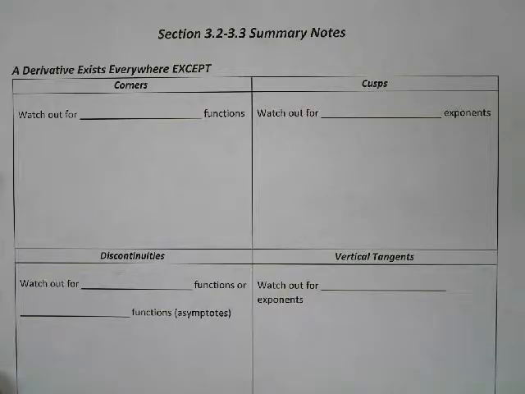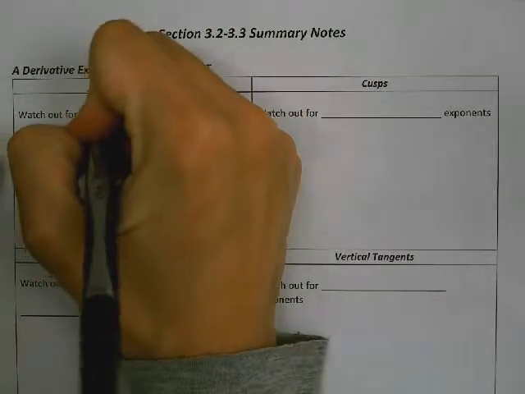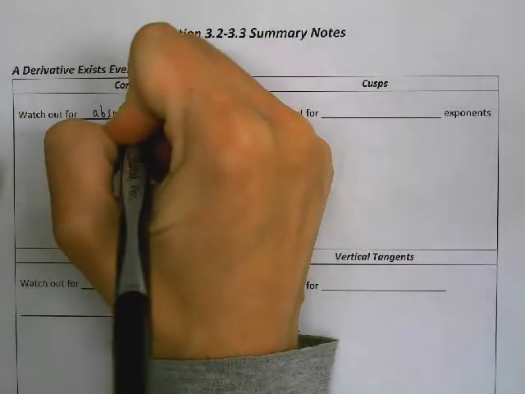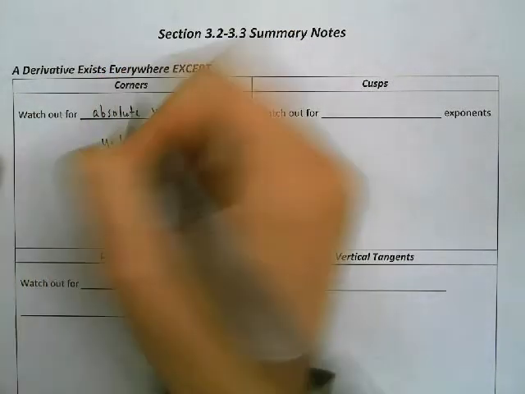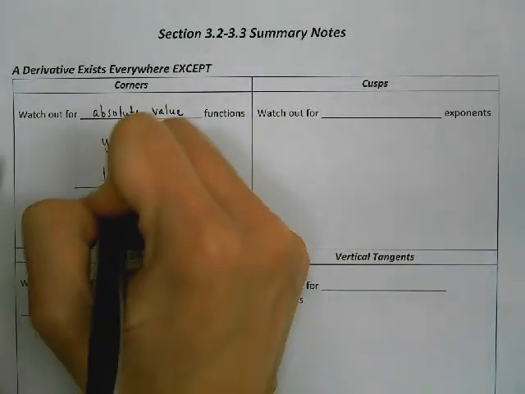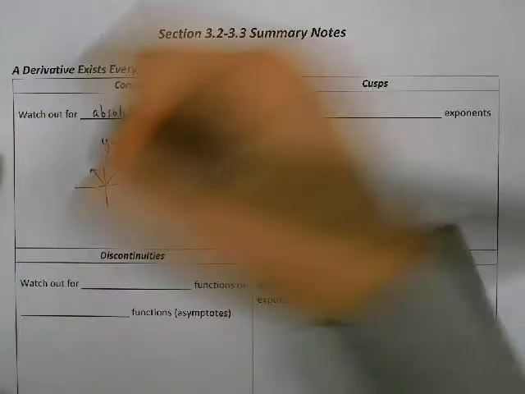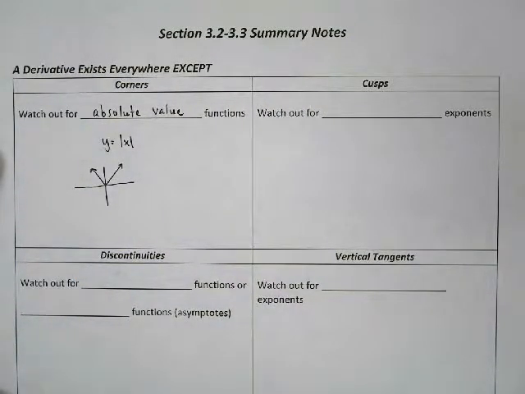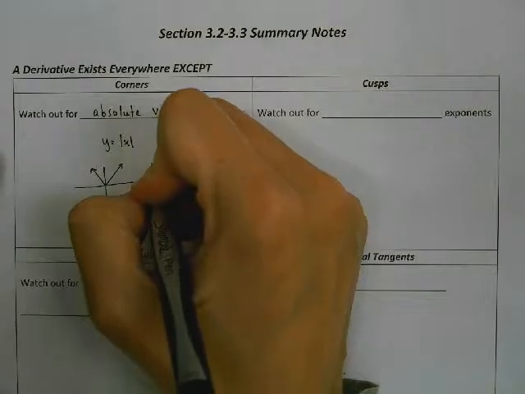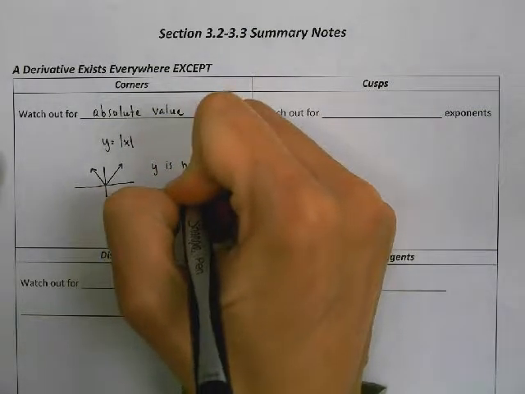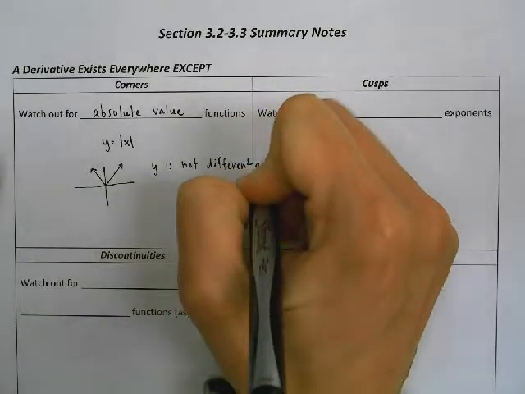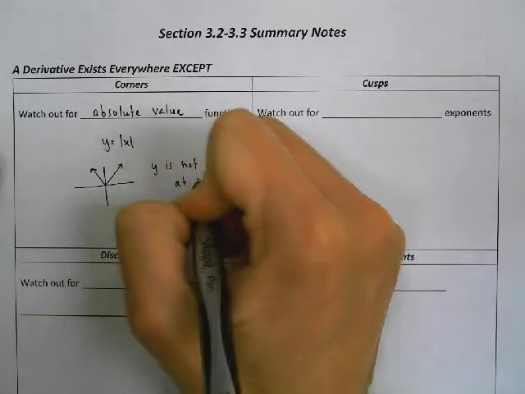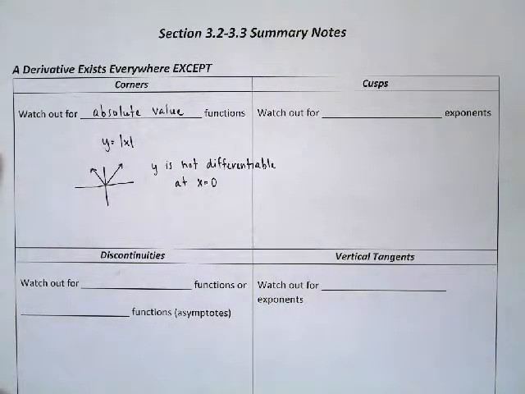One of those issues will be where we have corner points, and we know with corners we're watching out for absolute value functions. So if we consider y equals the absolute value of x, we know its graph takes on this V shape, and because of that corner at x equals 0, we know that our function y is not differentiable at x equals 0 because of that corner point there.